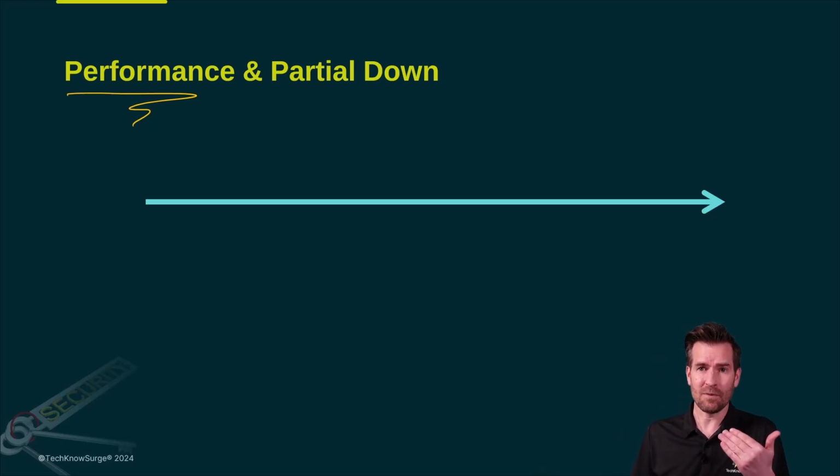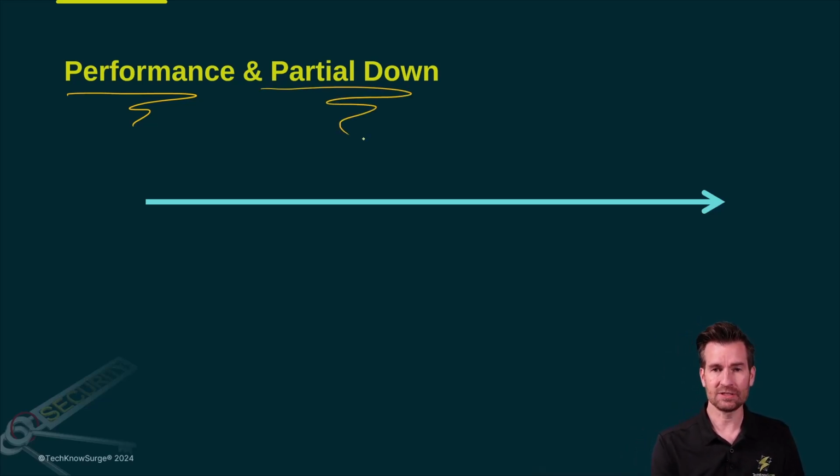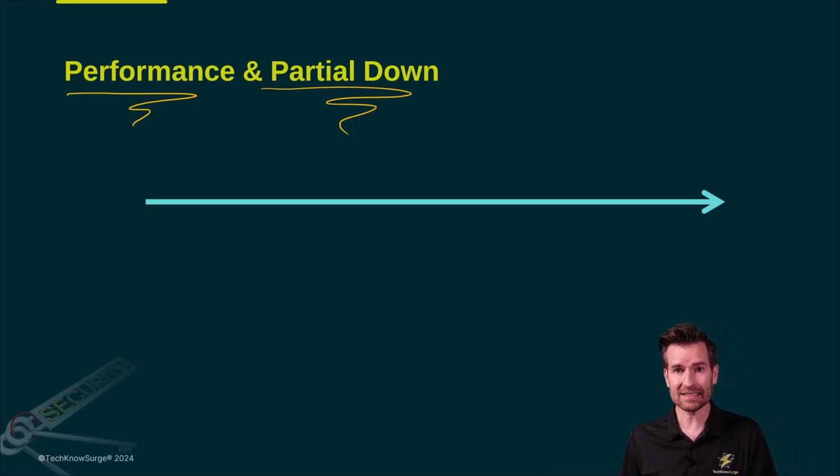And so there's a performance issue, and that still is going to frustrate your users. And how often that happens and how long those durations are is going to be impactful to the customer. You also have a partial down, where maybe not all of your services are down. Maybe there's just select services that are down that are going to cause problems.